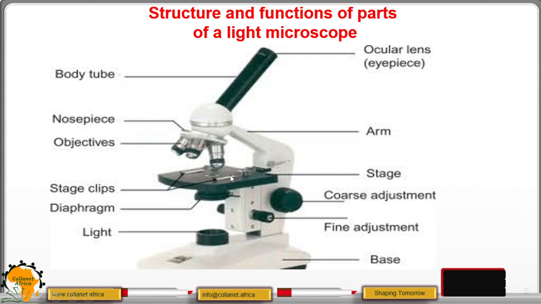On the stage, we have clips that will help in fixing or holding the slides in position. And then we have the coarse adjustment knob as well as the fine adjustment knob. And then there is the base or the stand. We have the diaphragm and of course the mirror. So those are the parts of a microscope.